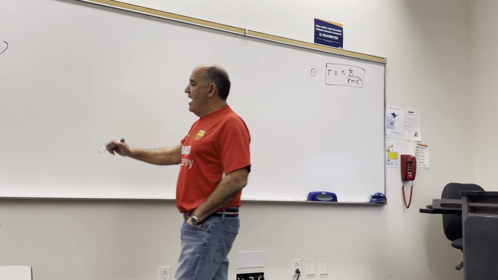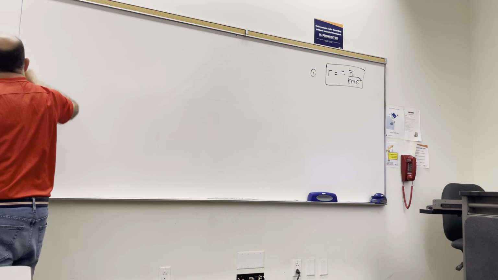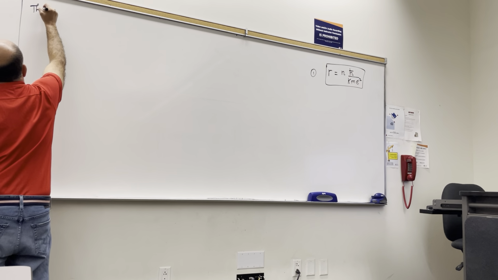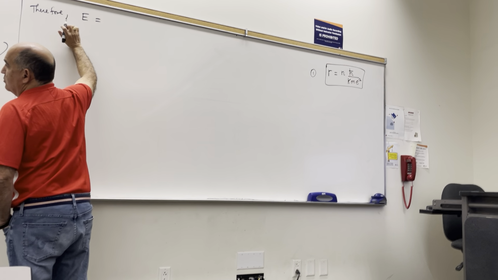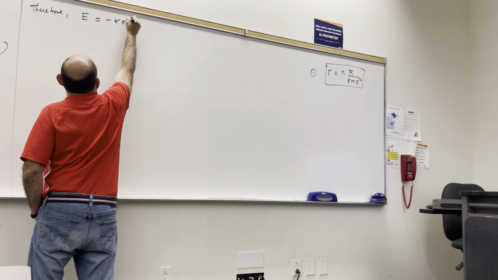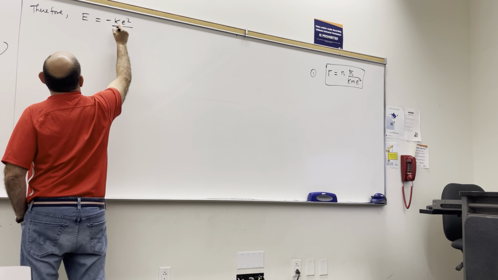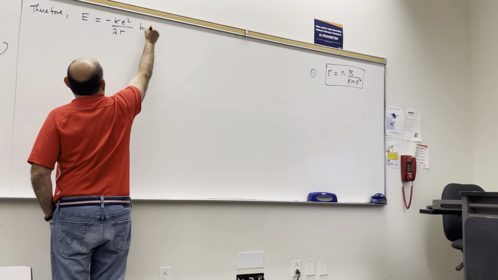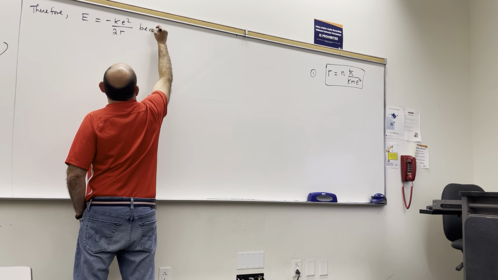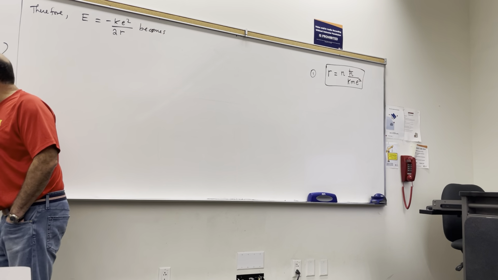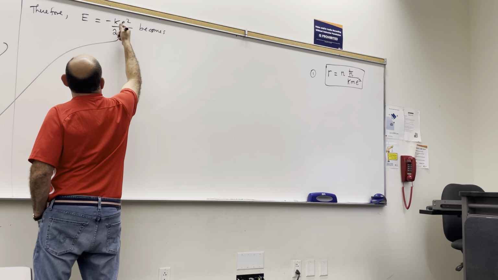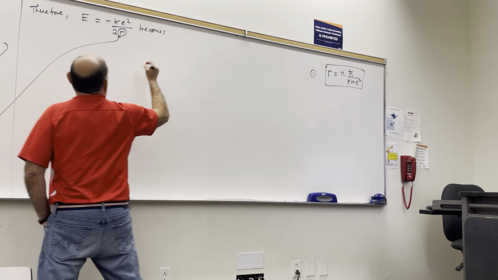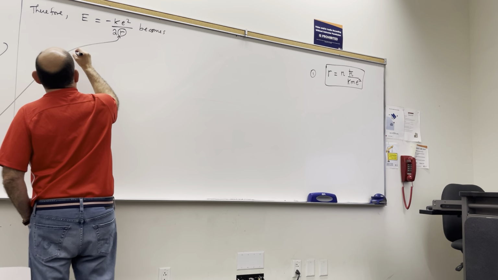All right, and with the energy equation, which is minus k e squared over 2r, what I'm going to do is take this expression and plug it in here for r.